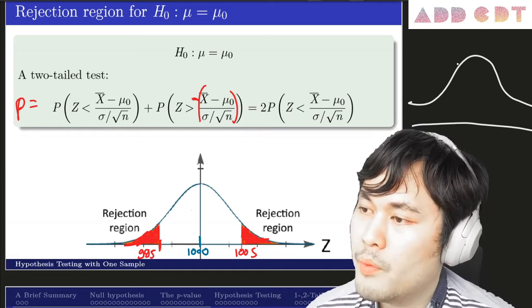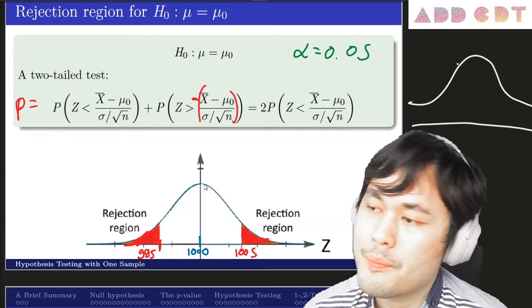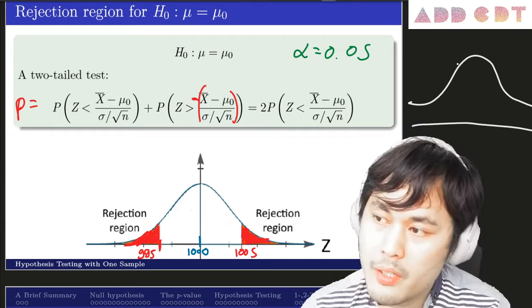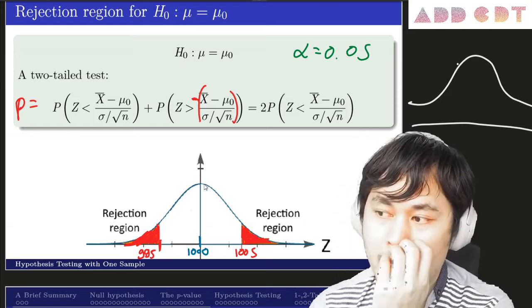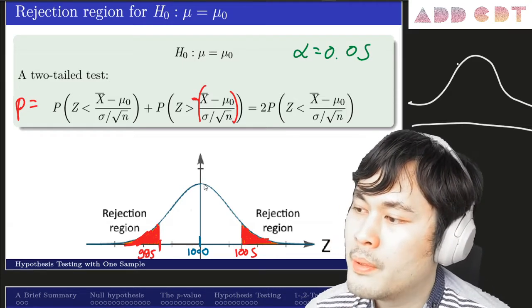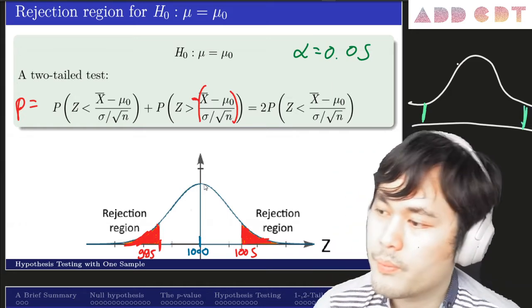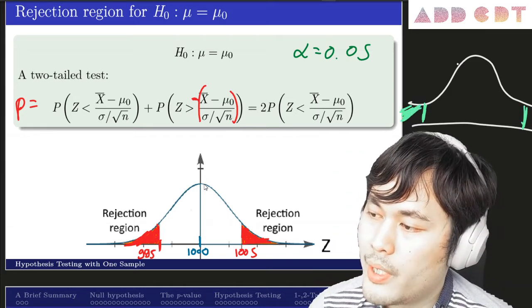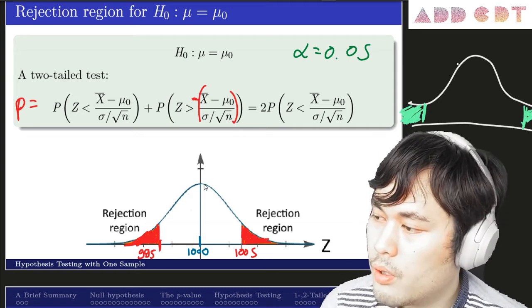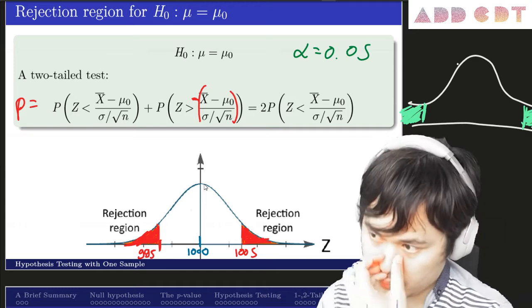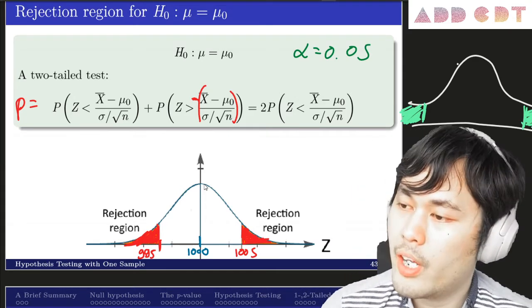So let's say we want alpha to be 0.05, so we want to have only 0.05 error. So again, we have to set a gate somewhere right here. And since this is a two-tailed test, we have to set 2 gates. So only when the value falls below that gate or goes above that gate will we reject the original null hypothesis here.